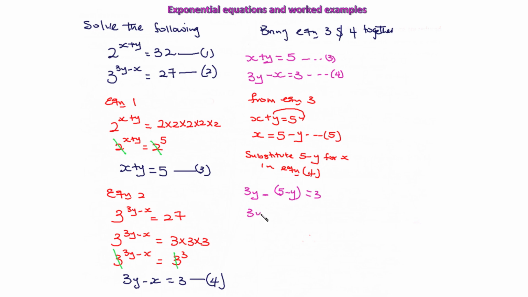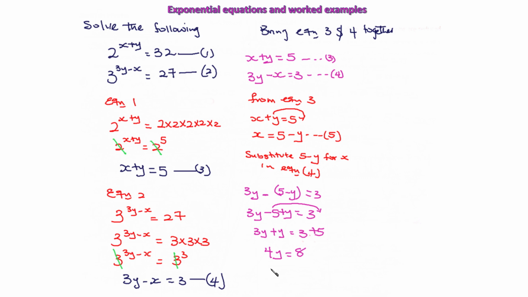Open your brackets: minus 5. Minus times minus is plus y, is equal to 3. Then collect like terms: 3y plus y. The 5 goes to the other side as plus 5. Then 3y plus y, that's 4y, is equal to 8.